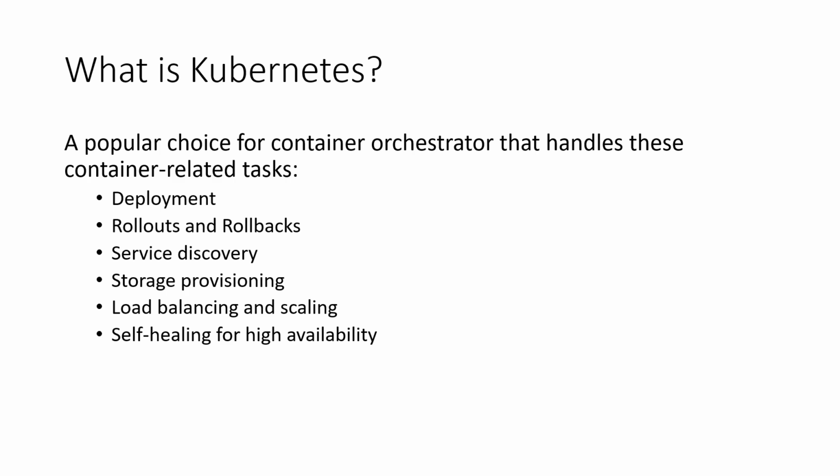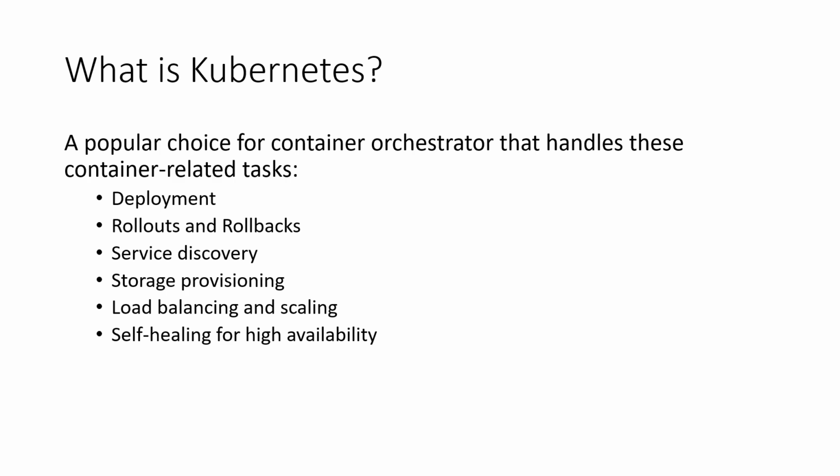Which means going back to the previous version, that is also possible in terms of working with Kubernetes. The next one is service discovery. Kubernetes can automatically expose a container to the internet or to other containers using DNS names or IP address. Which means that your service is not just hosted within itself, but also it's widely available.